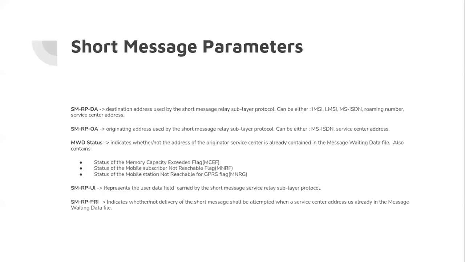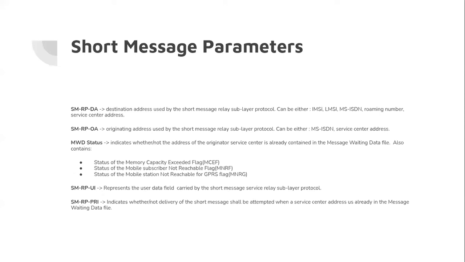Now we come to the most important part of this presentation. This will be key. Now we are looking at building an SMSC, so our focus should be more on the short message parameters, some of which you'll see in the dumps that we'll be analyzing. The first one that we're going to look at is the SM-RP-DA. The SM is for short message, the DA is for destination address.